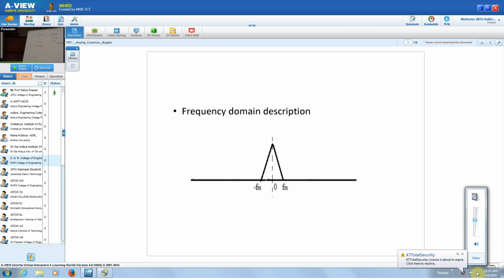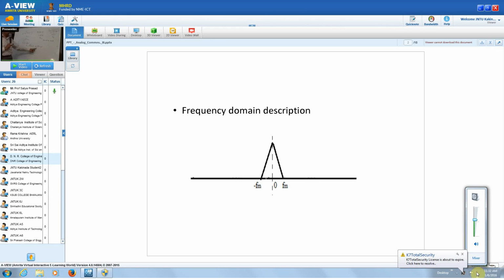We give a carrier cos omega ct and modulate it by cos omega mt. The output frequency depends on the frequency components of the input, not on the amplitudes AM or AC.